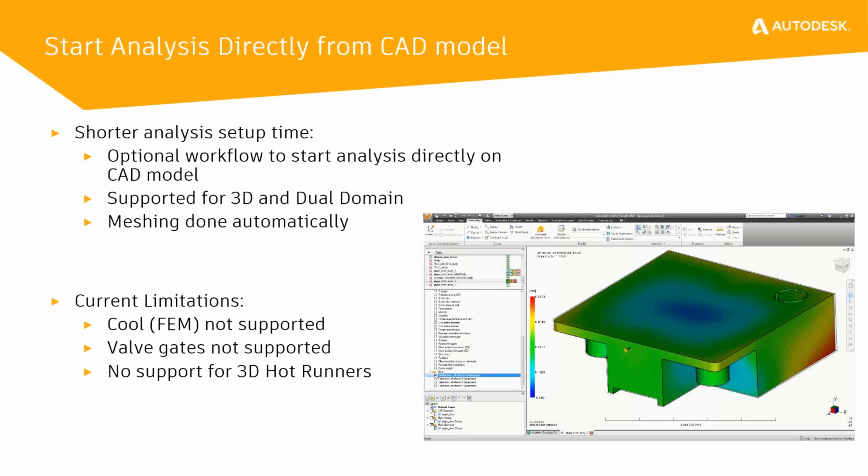Another limitation for the 3D hot runners is that we would have to assign certain parts of the runner system that's combined with the 3D CAD model as a hot runner, and some other part as the solid body as a part.